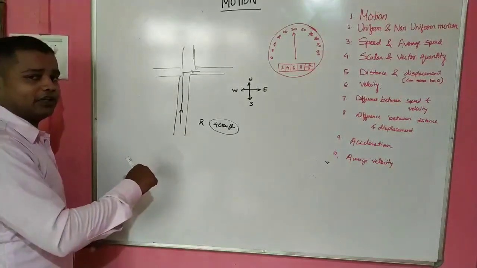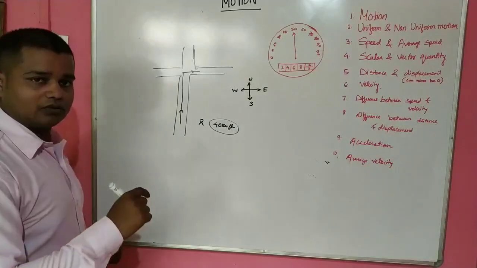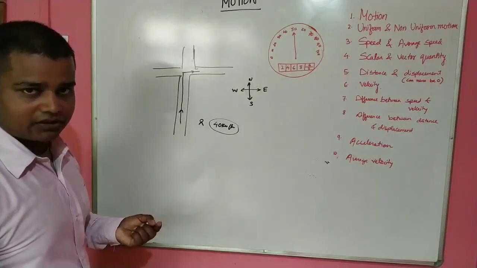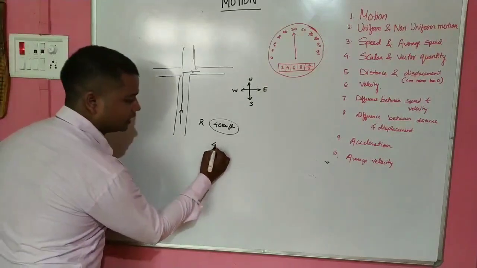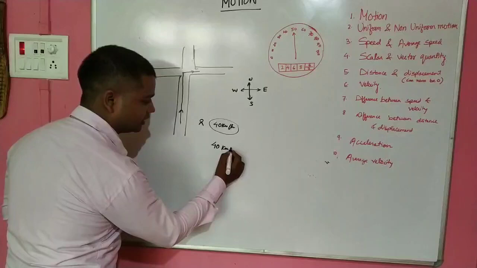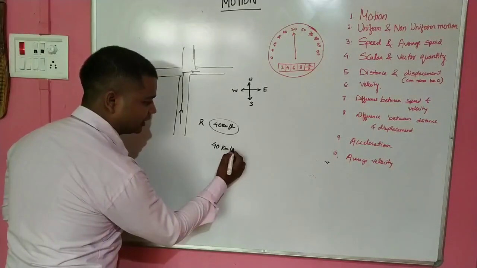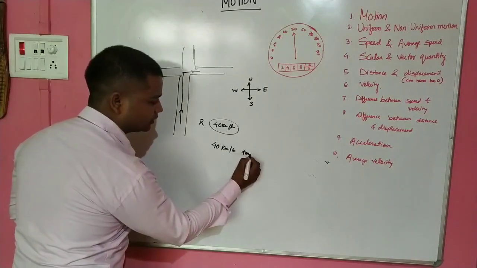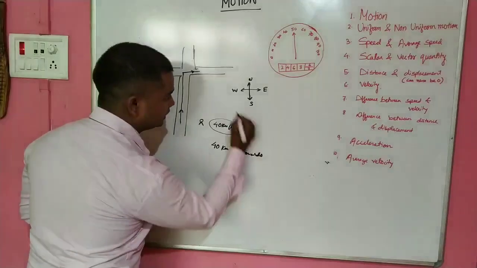So again the police comes to you and asks you, what was his direction? Then you will tell that he moved with a speed of 40 kilometer per hour towards say east.